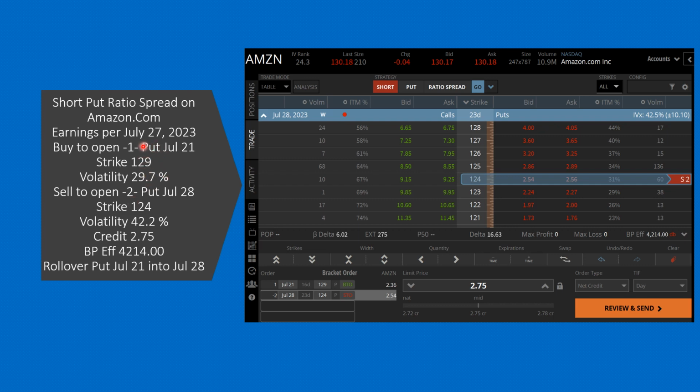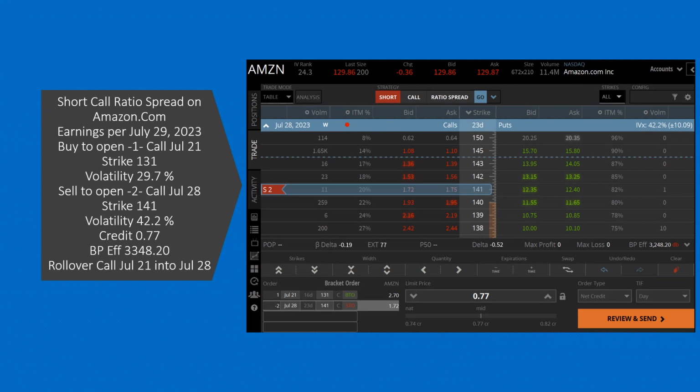So I buy one, sell one, it's neutral, but as I have sold one more, whatever is below 124 or 122 is my risk, that I would be short Amazon, or let's say 100 Amazon, which I could get at 124. Seeing the stock is about 130, it looks quite attractive to do a ratio spread.